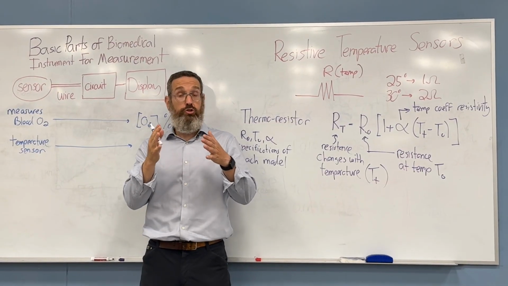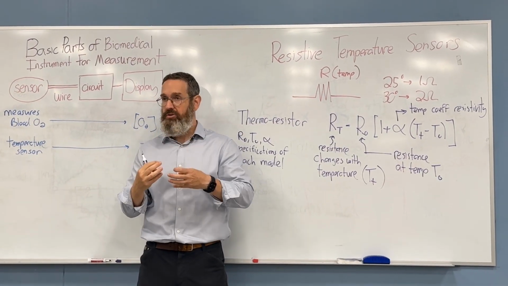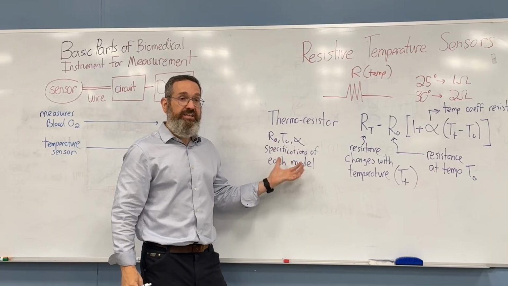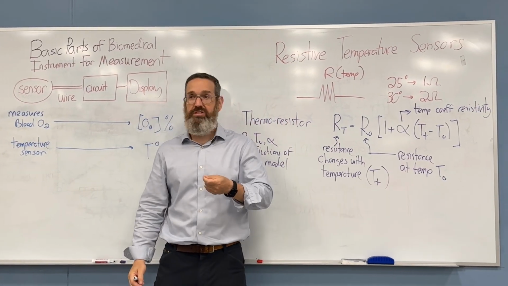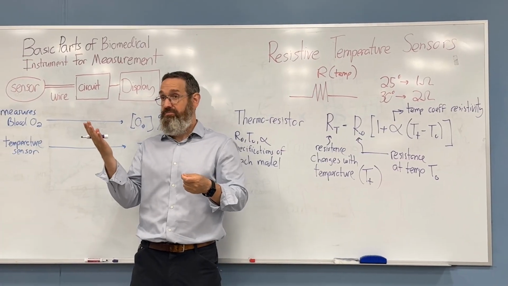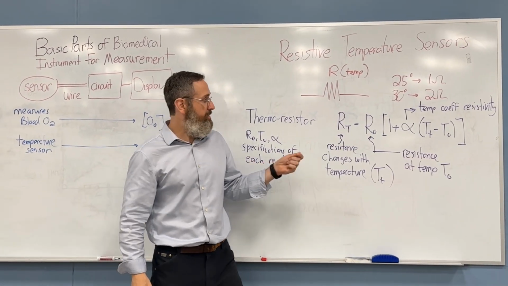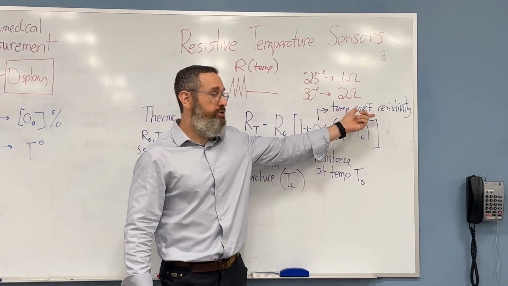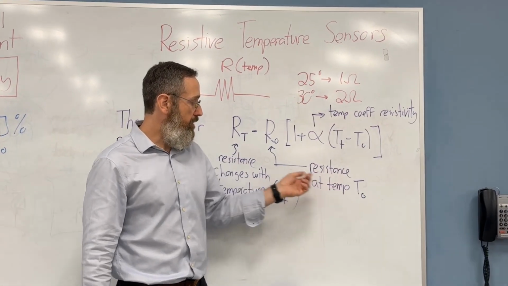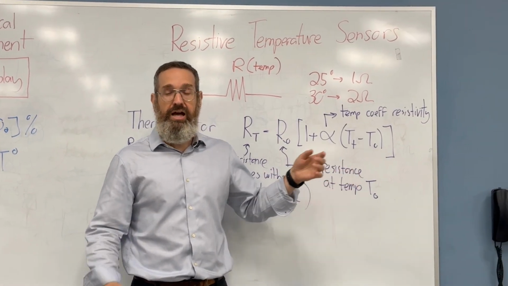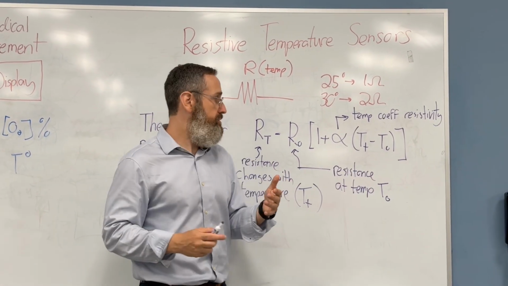Those are just things you're looking at when you're trying to pick one. These are the specifications that come with your thermoresistor. So when you buy the thermoresistor, it'll come with a little piece of paper, and the piece of paper will say, this is the temperature coefficient of resistivity. This is the R sub 0, and this is T sub 0. And from that, you have all the information that you need, right?